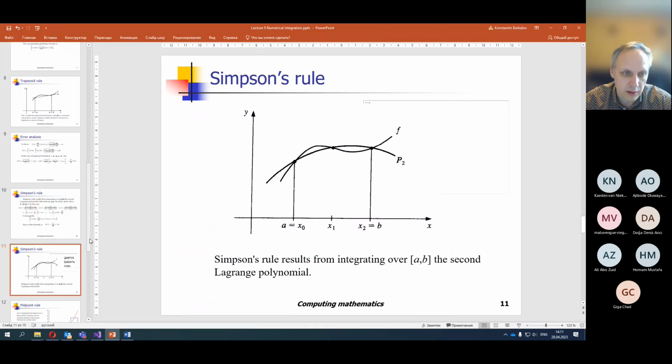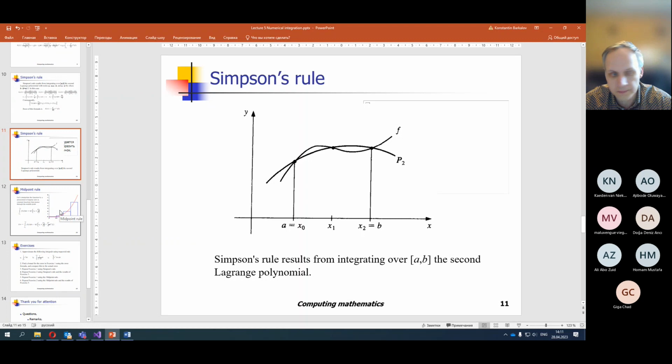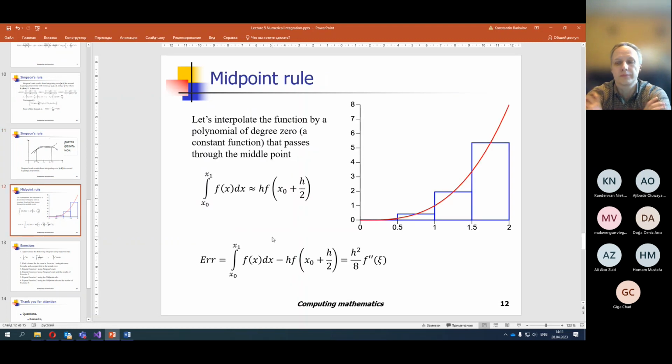Now let's consider the final rule of integration, the so-called middle point rule. Let me remind you the main idea. We replace the initial function with some interpolating function that is easy to integrate.